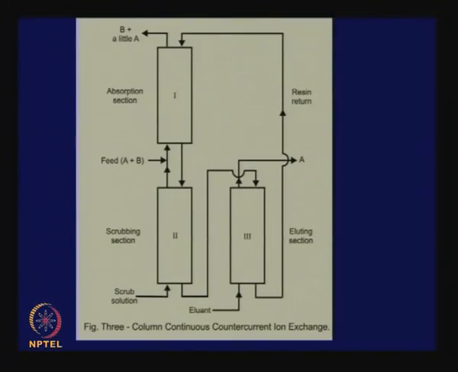Now, the way it is done here is, suppose the feed has A and B, and we have to separate A and B. We are more interested in the value B, and there is a little bit of A. Now, this is the scrub solution.